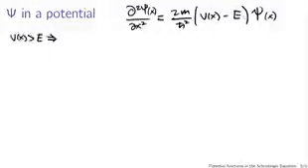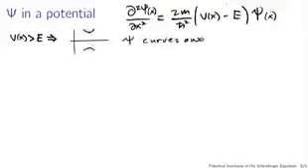If psi of x is positive and this number is positive, then the second derivative is positive. Which means that if psi is, say, here, psi is positive, when it's multiplied by a positive number, then the second derivative is positive. It curves like this. Whereas if psi is down here, psi is negative, this is positive, second derivative of psi is negative. It curves like this. What this means is that psi curves away from our axis, away from this psi equals 0 line.